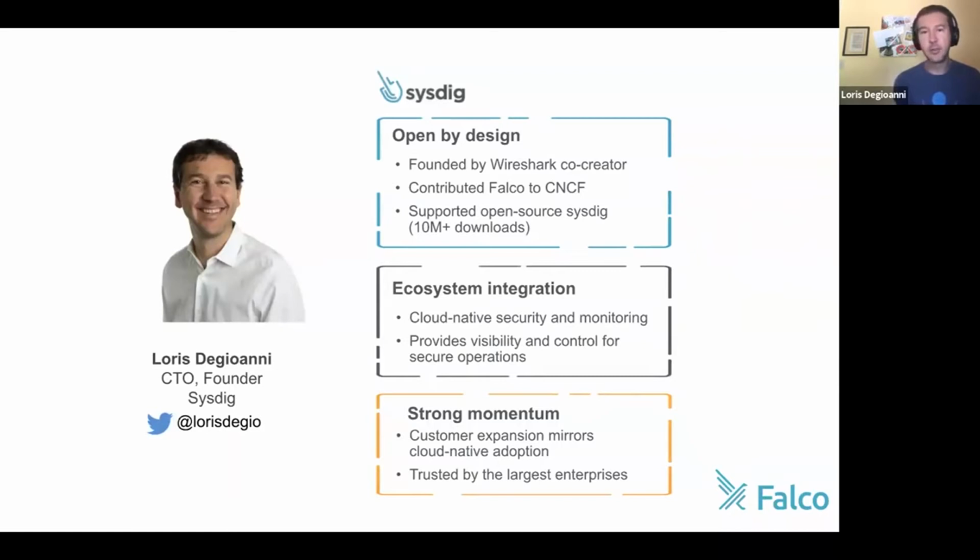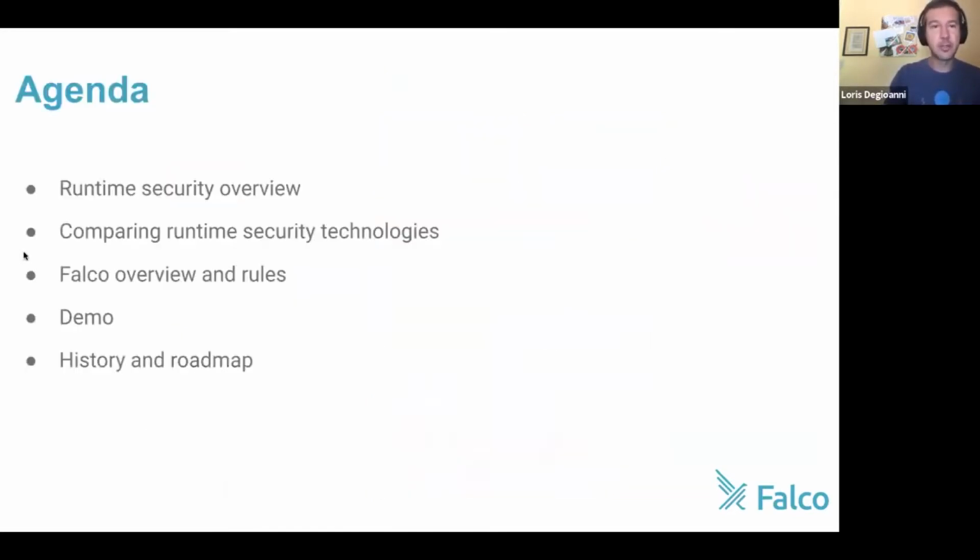We're heavily integrated with the rest of the ecosystem, and we tend to focus on enterprise customers, and we have essentially products that scale and offer solutions to any scale when it's a matter of security and visibility for Kubernetes.